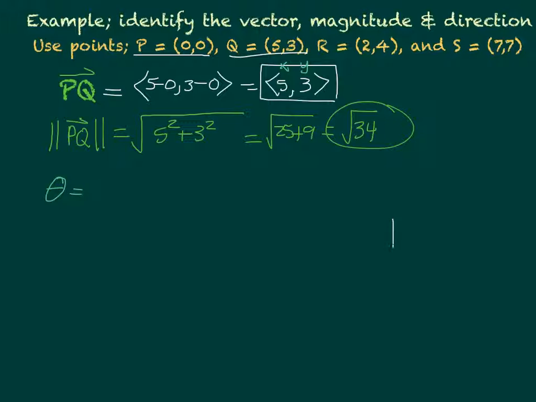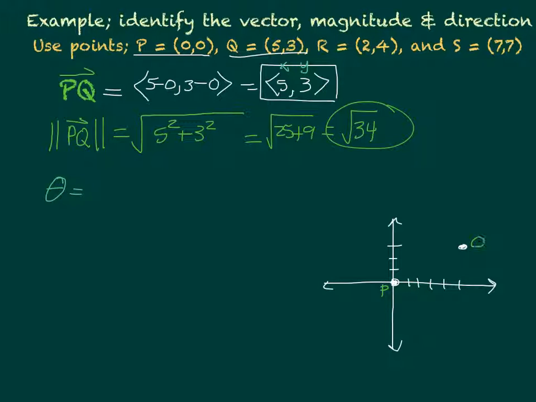So if I'm sketching this out, I know my initial point, P, is going to be on the origin because it is (0, 0). So that is my point P. And my point Q is (5, 3). So it's right there.